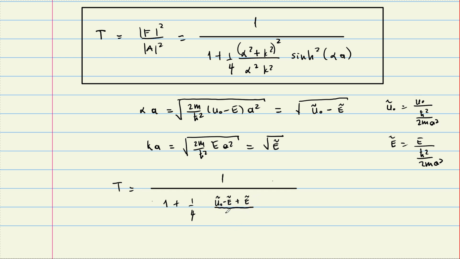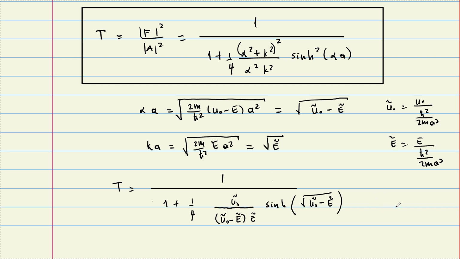So this is divided by alpha squared, which is going to be u naught minus e tilde times k squared, which is e tilde, and inside sine hyperbolic I have alpha a, which is going to be root u tilde minus e tilde. Good. So these e tildes cancel. I have only u tilde, u naught tilde.